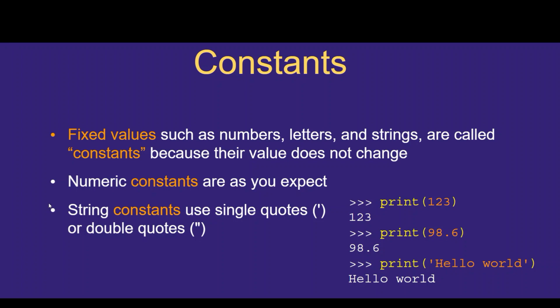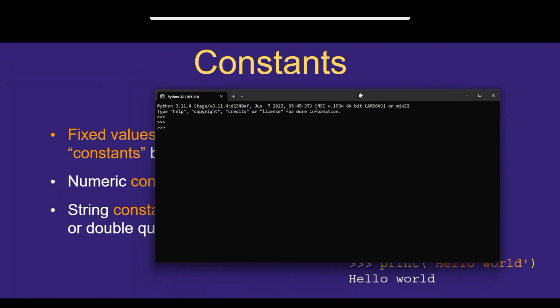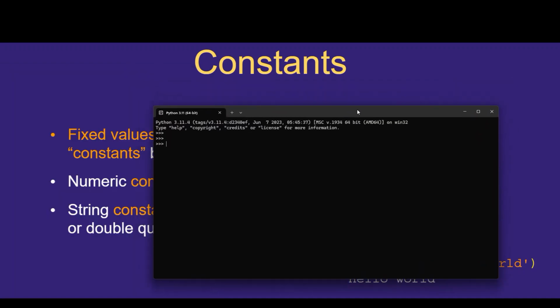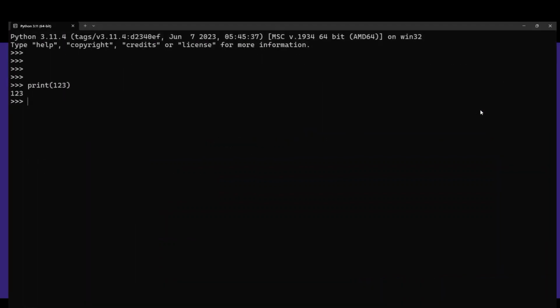Now let us bring our Python. So this is our Python. I will now type print, in brackets 1, 2, 3. Can you see that I printed 1, 2, 3?